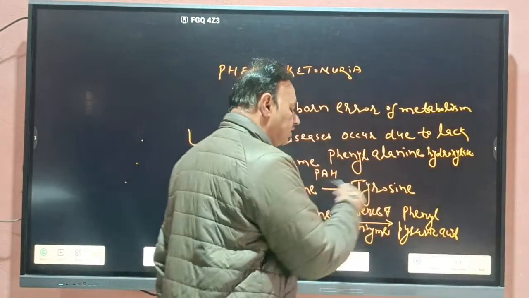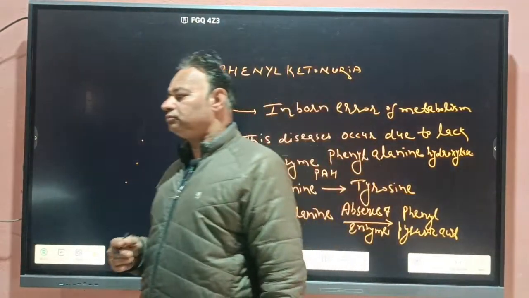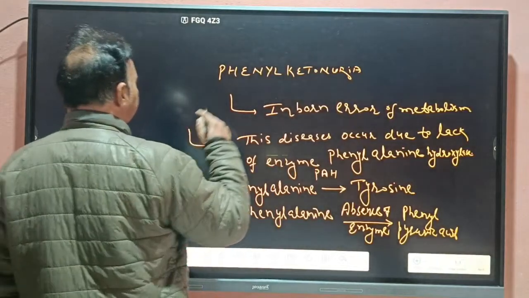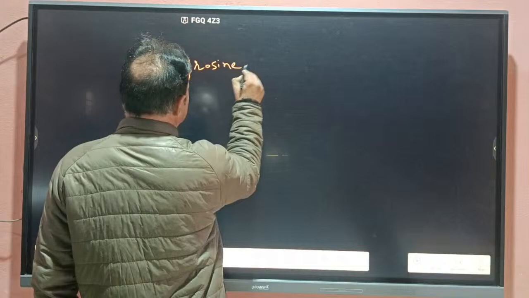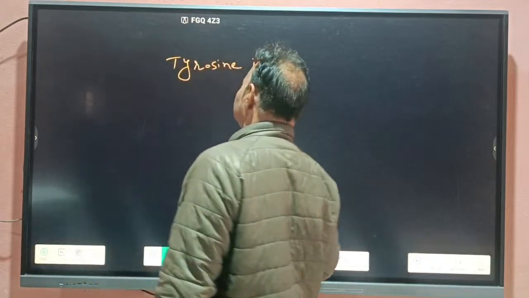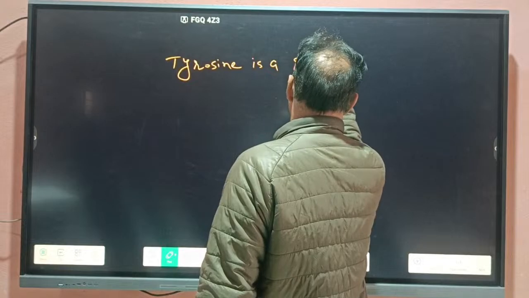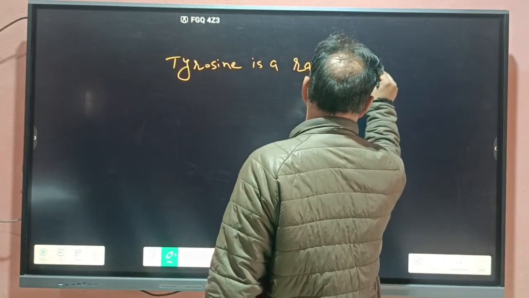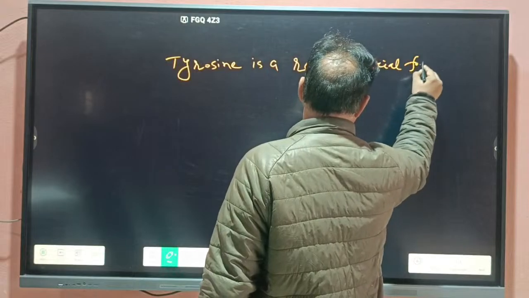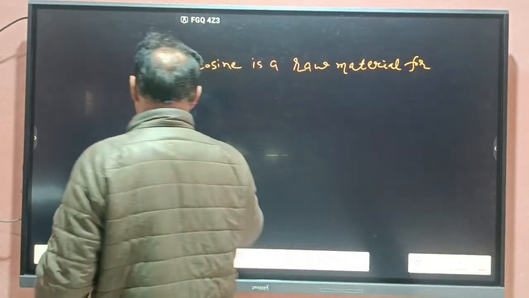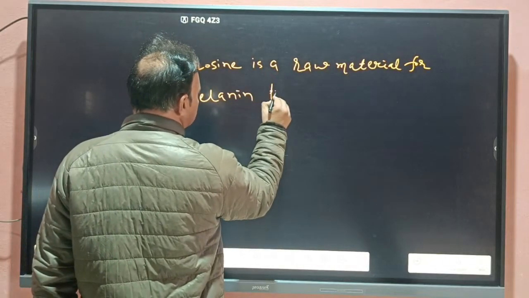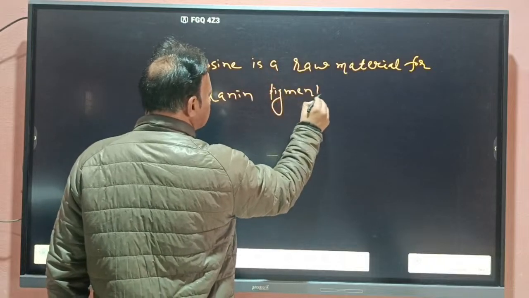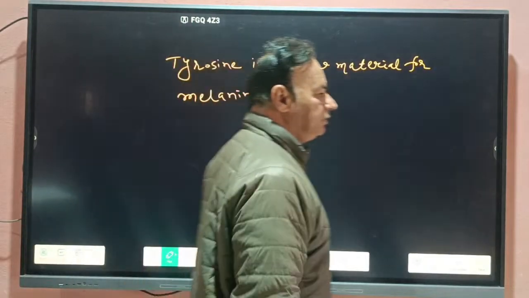What is the use of tyrosine in the body? Tyrosine is helpful in making melanin pigment. Tyrosine is a raw material for the melanin pigment.